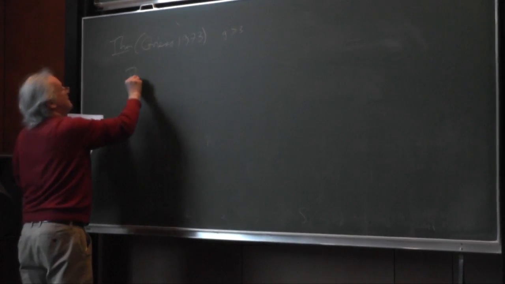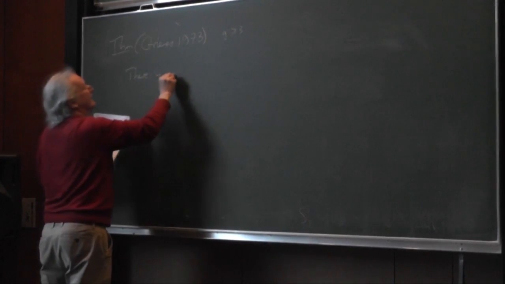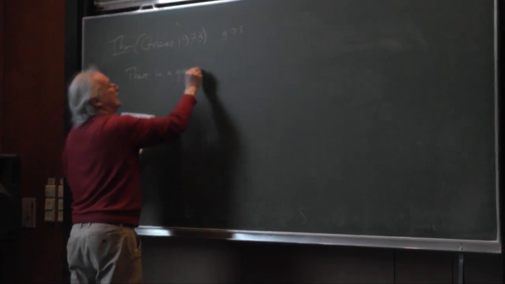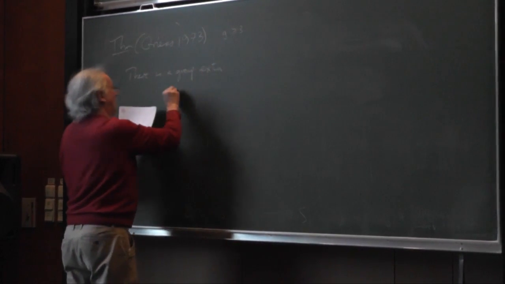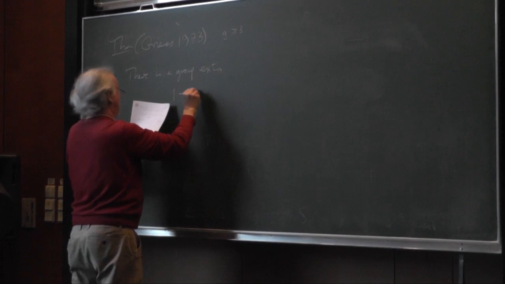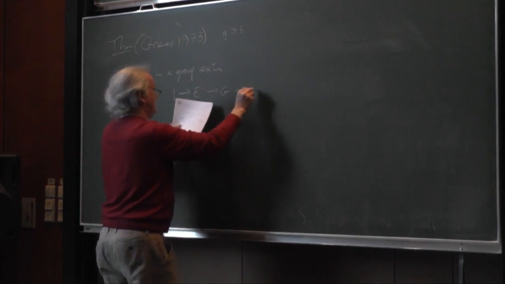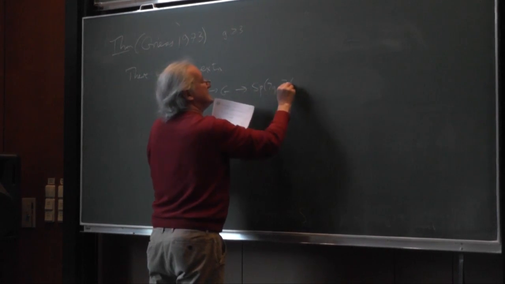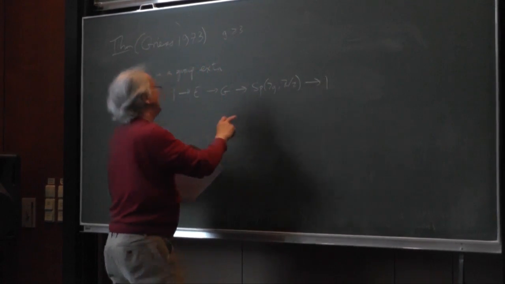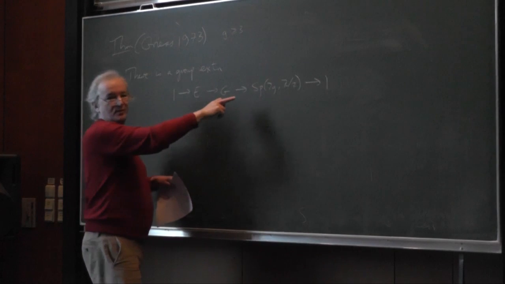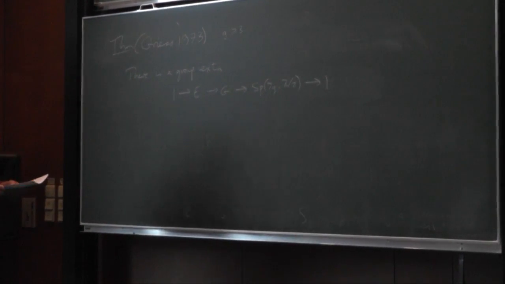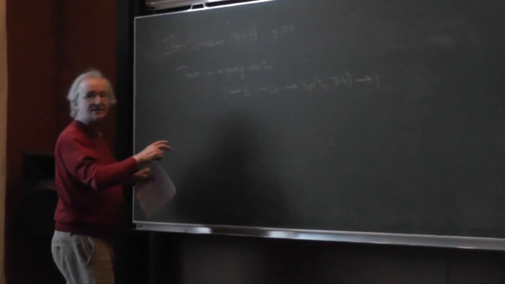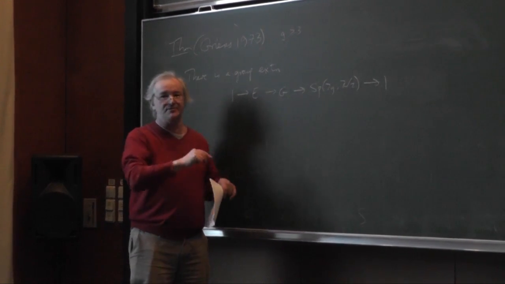So there is a group extension: 1 goes to E, goes to G, goes to Sp2g Z mod 2, goes to 1, fitting together this extra special group and the automorphism group. This didn't have to happen. The reason why this happens is representation theory, basically.